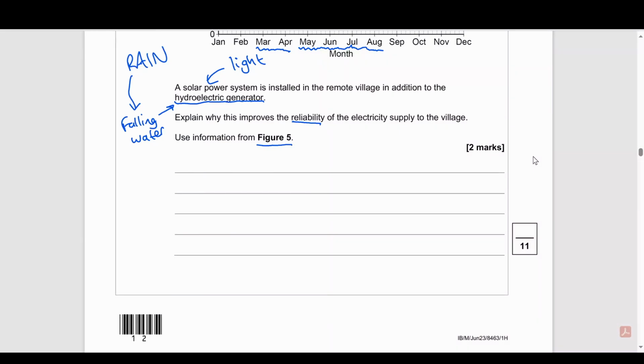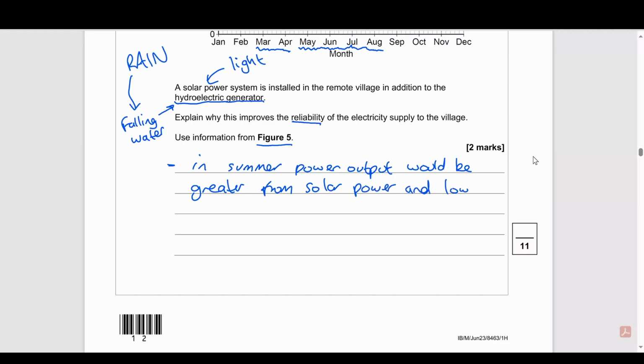So what we can say first then, because as we use the information from the figure, we can focus on the summer months, and we can say in the summer, power output would be greater from solar power and lower from hydroelectric.